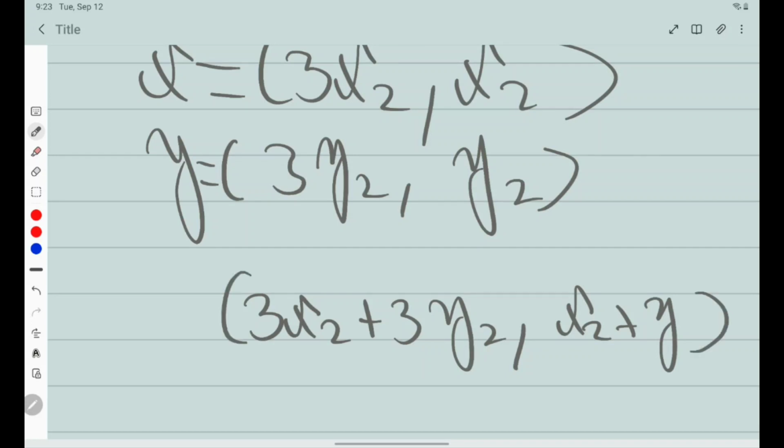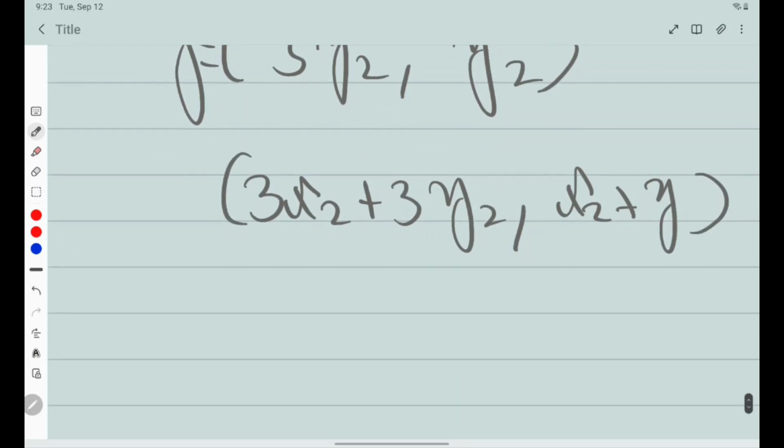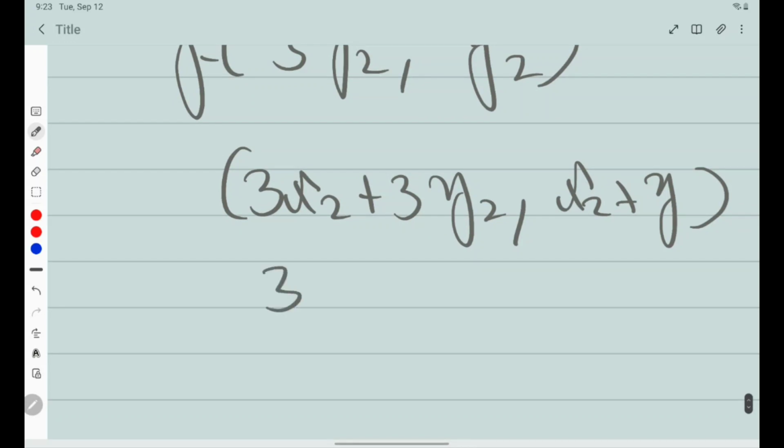This is our output vector, and then we can pull out our 3 and get x2 plus y2 as one factor, and 3 as the other factor in the first element in this vector.